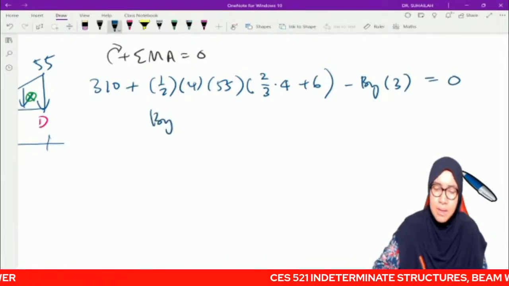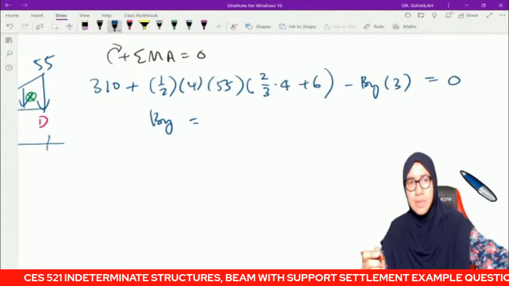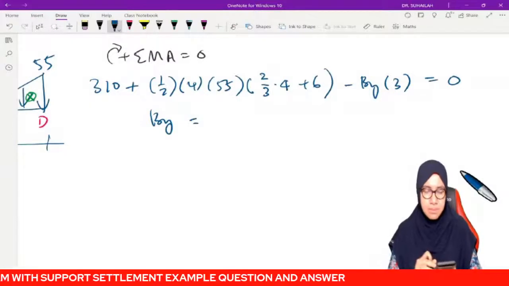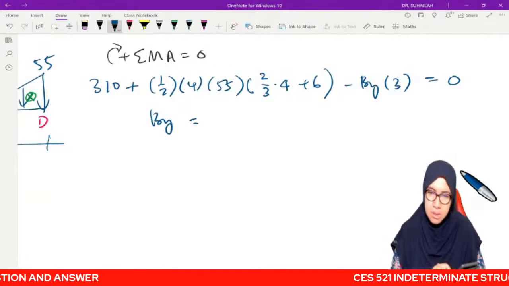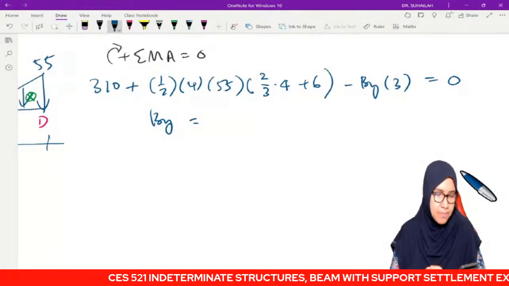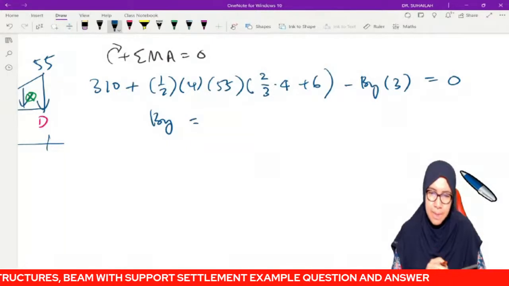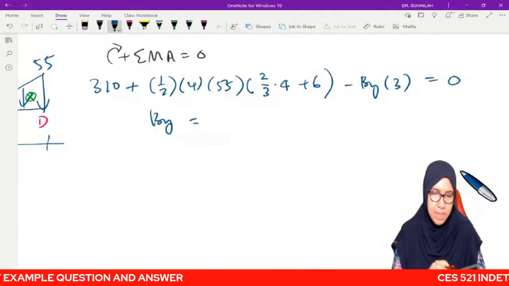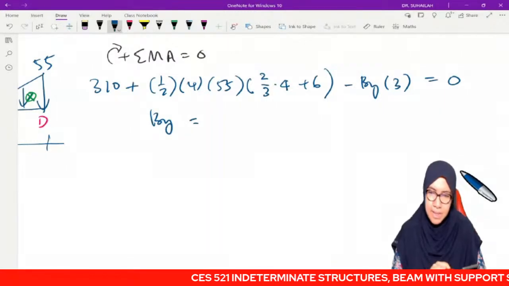So we solve this for By. It is 2/3 times 4, plus 6, times 55 times 4 divided by 2, plus 310, divided by 3.